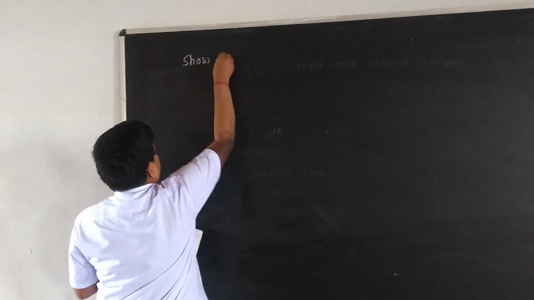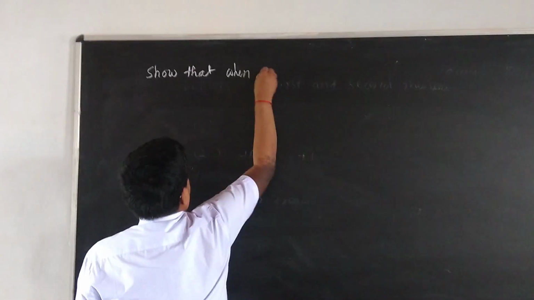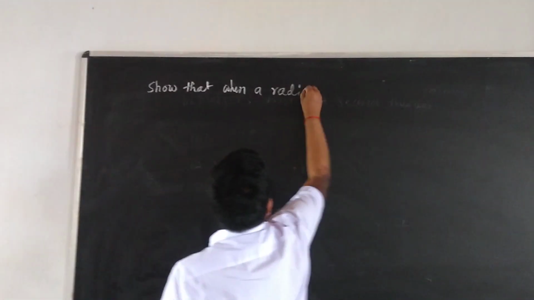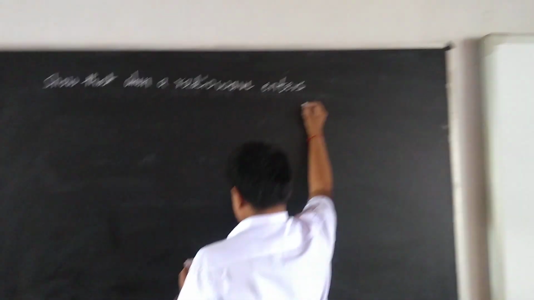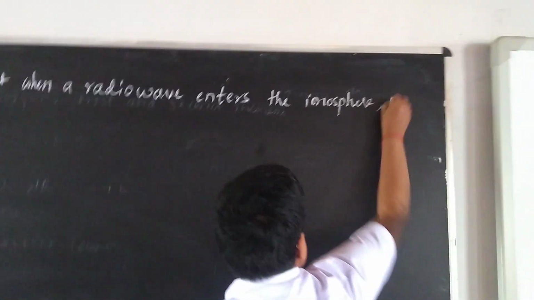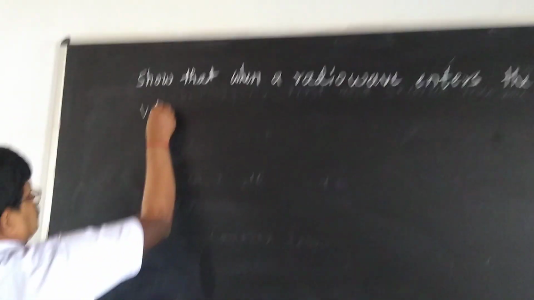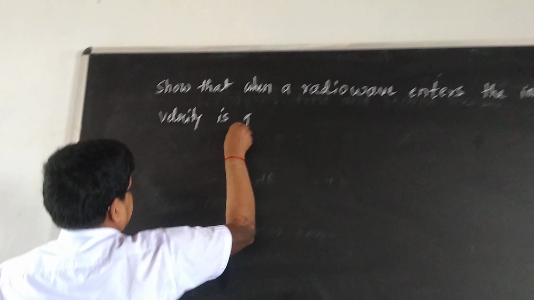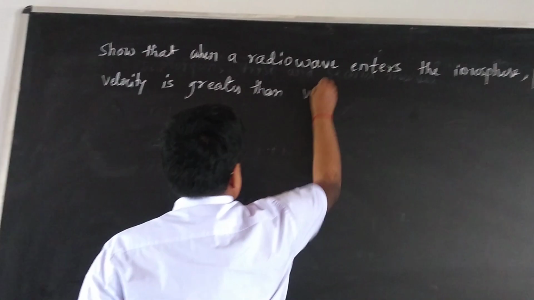Then another one, which is a long question: show that when a radio wave enters the ionosphere, the phase velocity is greater than the velocity of light.